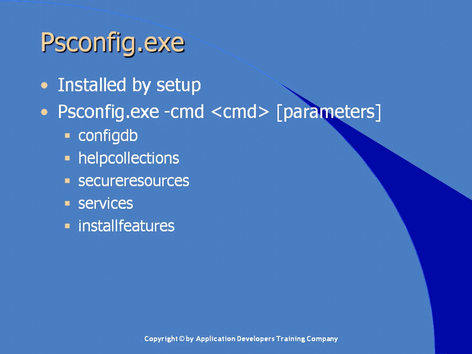Install features registers features included in the product. There are multiple features, and you may choose to go ahead and have those registered and available. Admin VS, that installs or uninstalls the central administration site, which is where you will perform most of your work. Application content copies shared application content to an existing web application.